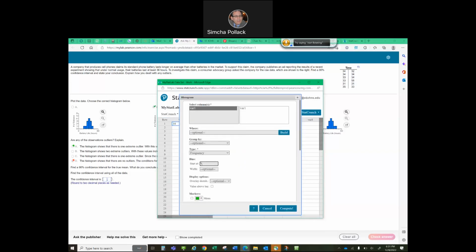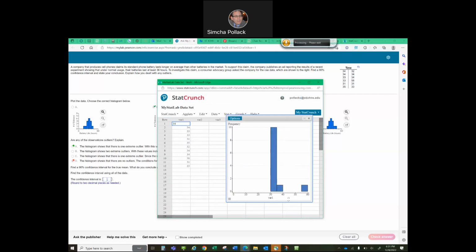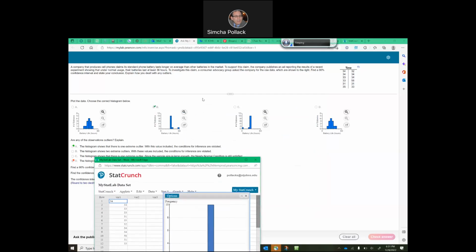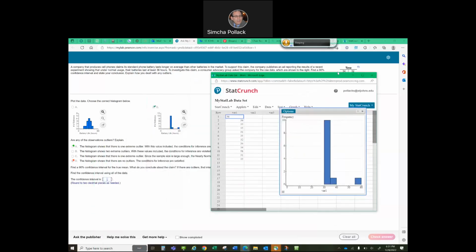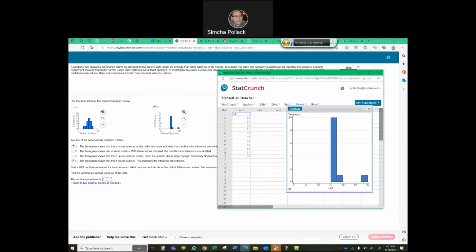They all start at 0, and they seem to have a width of 5. If you do that, you get this picture over here, which is the picture that we see in part B. So the answer to the question is part B, and clearly there's an outlier. This number here is really way out of line with the other numbers, and therefore might mess up the calculations.